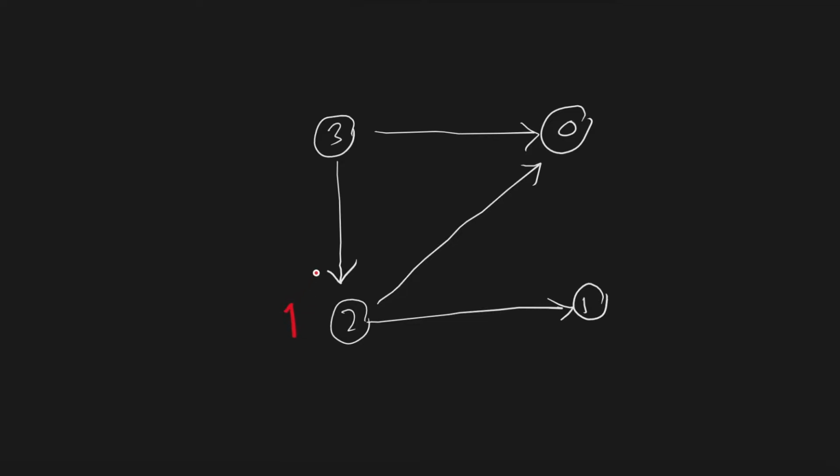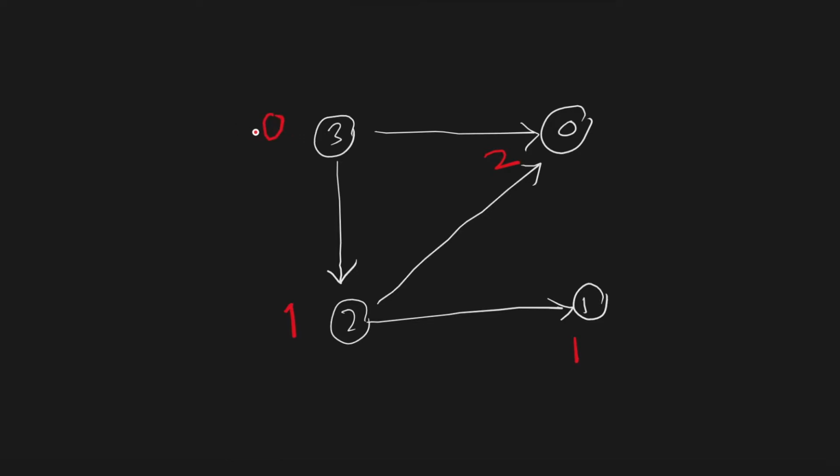For 0 you see 2 edges are coming towards the node, that's why the in degree is 2. For this node 1 the in degree is 1, and for 3 all the edges are going out from this node. There is nothing incoming, that's why it is 0.